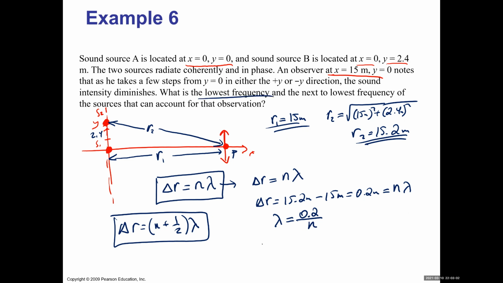So remembering that V equals wavelength times frequency, I can say frequency equals V over wavelength.